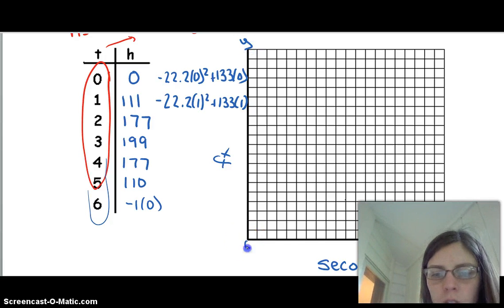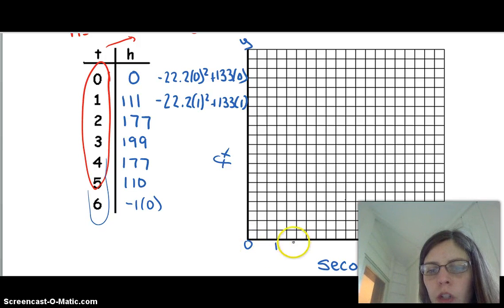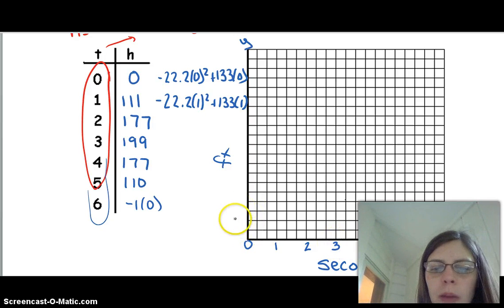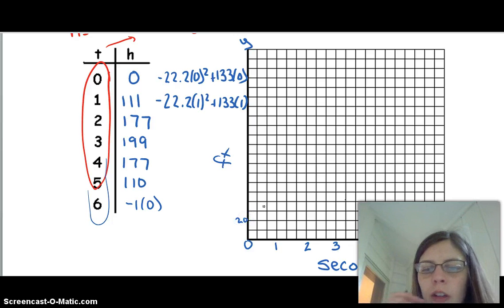The best thing to do, I think, is to put a 1 every 2 marks. So here on the third one I put a 1, and then a 2, 3. Going up the side, I would go up by 10s and maybe only label at every 20.